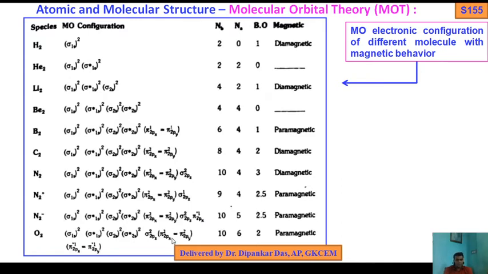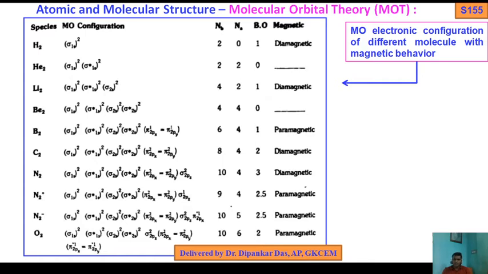O2, as I told you: sigma 1s2, sigma star 1s2, sigma 2s2, sigma star 2s2, sigma 2pz2, then pi 2px2 equivalent to pi 2py2, then pi star 2px1 equivalent to pi star 2py1. So the total is 16 electrons: bonding electrons 10, antibonding 6, 10 minus 6, that is 4 by 2, that is 2, and it is paramagnetic.